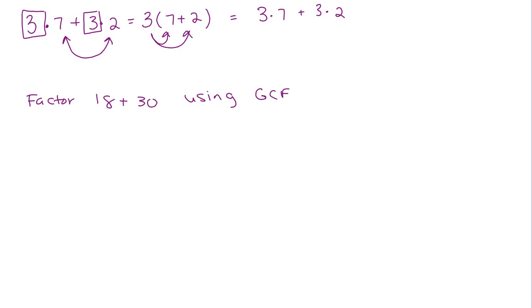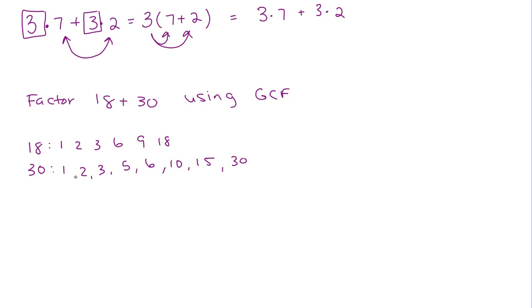All right, going back to unit 1 here. If we look at the factors of 18 and the factors of 30, for 18 we're going to get 1, 2, 3, 6, 9, and 18. And for 30, we're going to get 1, 2, 3, 5, 6, 10, 15, and 30.